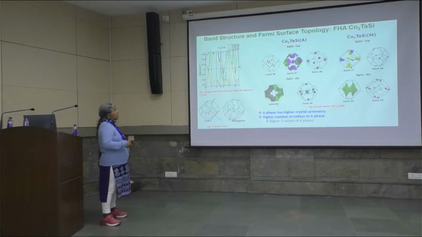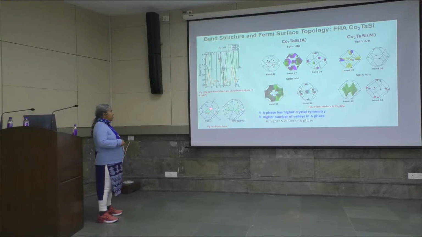Band structure and topology of the full Heusler Co2TaSi. Here also, for the austenite phase and martensite phase, we have plotted the band structure just to show the band numbering corresponding to the Fermi surface, for up and down spin, in the martensite phase also. So we see that the A phase has higher crystal symmetry.